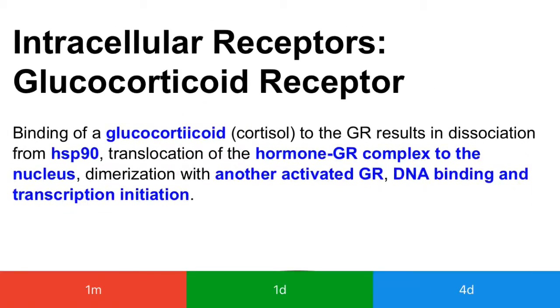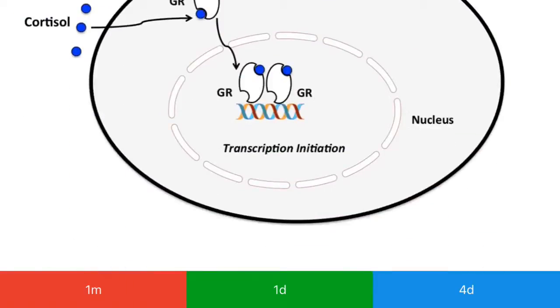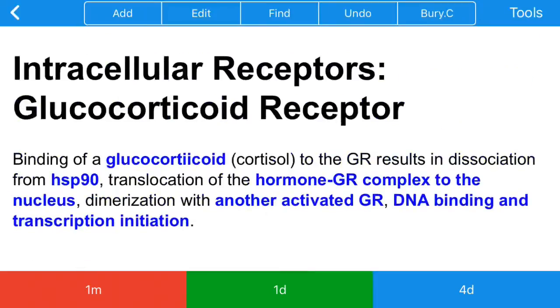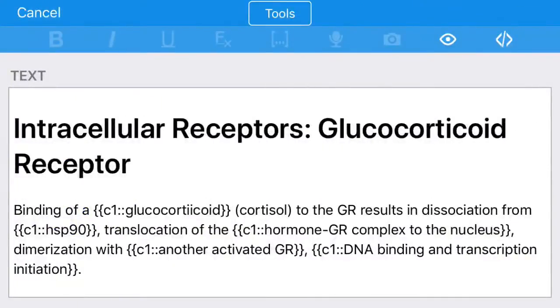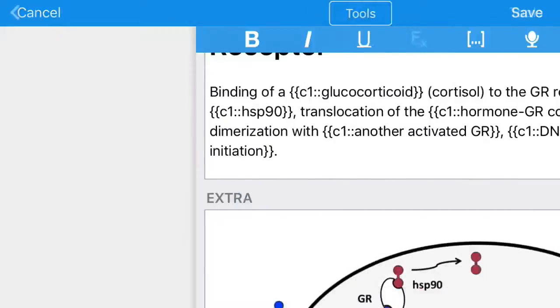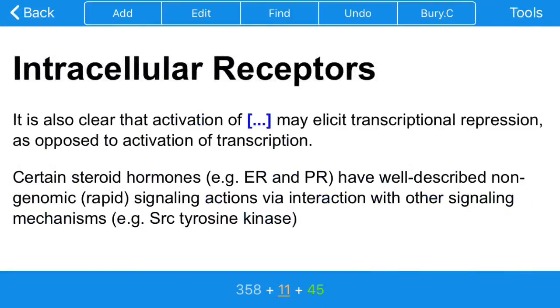And the glucocorticoid. I should probably fix that. Glucocorticoid. There you go. Intracellular receptors. It is also clear that activation of blank may elicit transcriptional repression as opposed to activation of transcription.